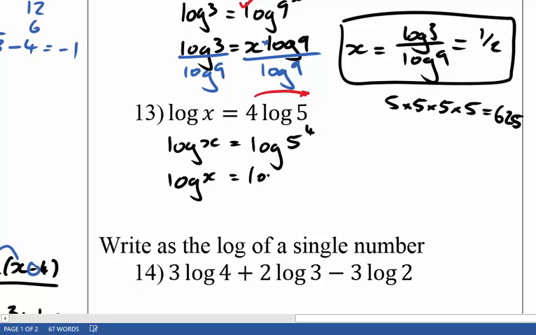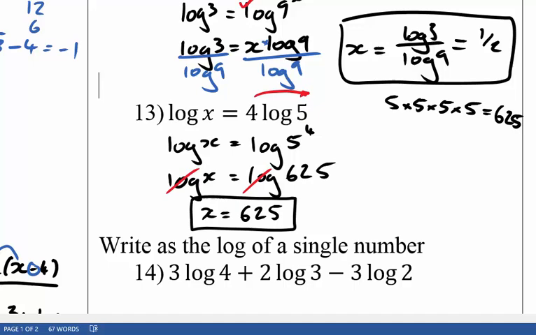So that will be log 625, and now, because they both have logs, I can just get rid of the logs on both sides, and I'm left with x equals 625. And there's my answer. Put a box around it.